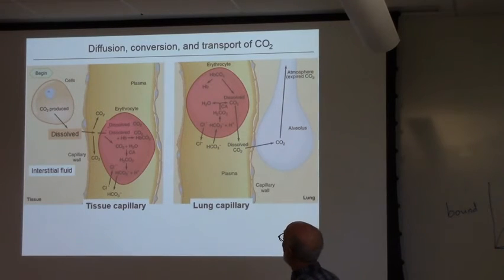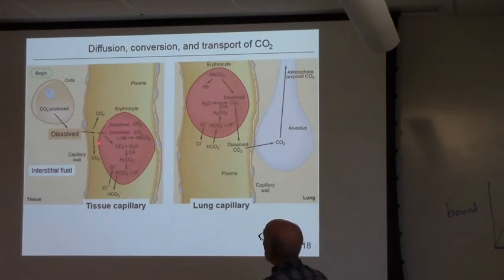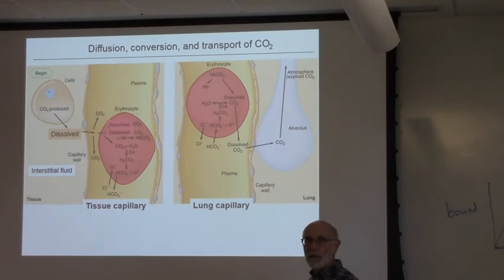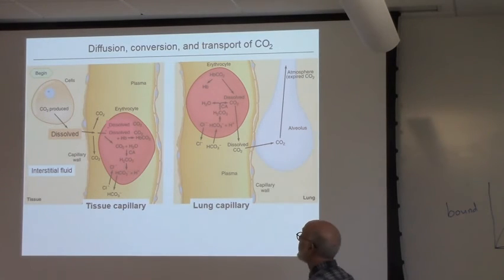So now some of that CO2 that has dissolved into the red blood cell stays as dissolved CO2. There it is right there, dissolved CO2. So CO2 is dissolved in the plasma and it's dissolved in the cytosol of red blood cells. Both of those are carrying substantial amounts of CO2 as dissolved gas.